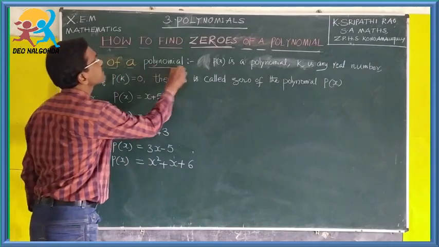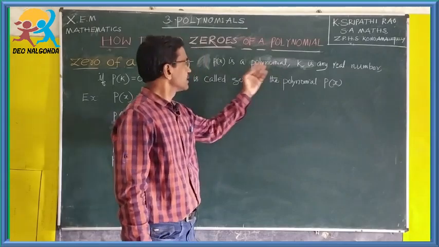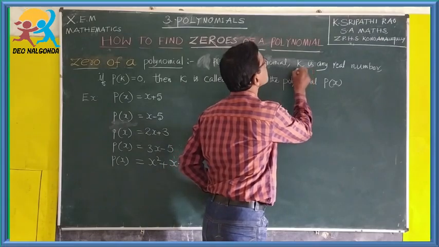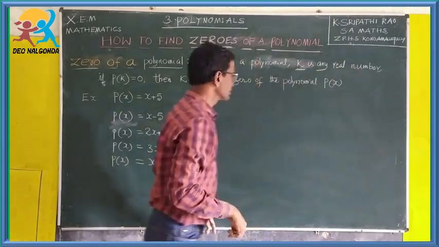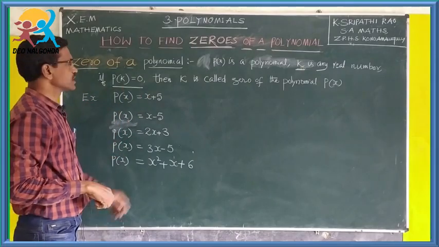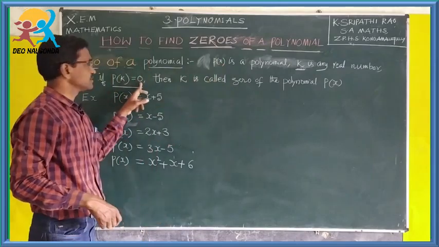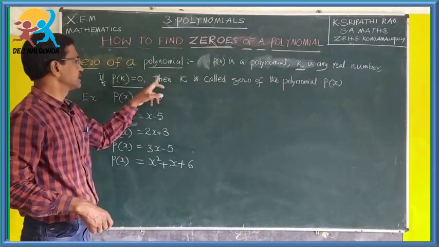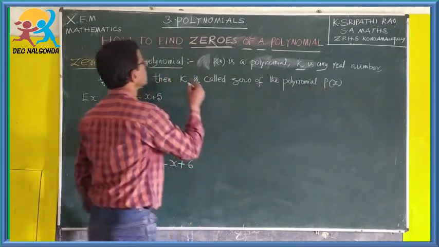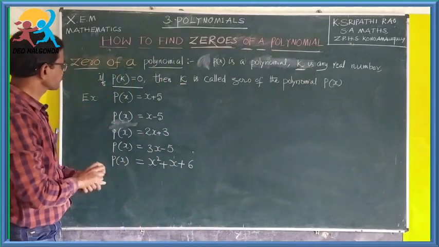A 0 of a polynomial means: if p of x is a polynomial and k is any real number, then if p of k is equal to 0, that is, if we substitute the k value in the place of x and we get 0 as the value of the polynomial, then k is called a 0 of the polynomial p of x.